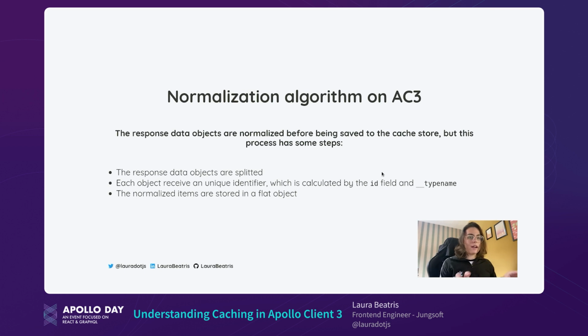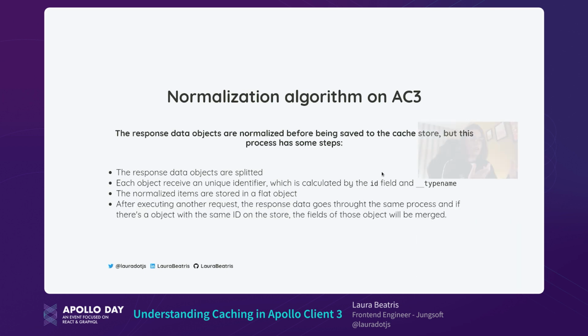The normalized items are stored in a flat object, and then when we execute other kinds of GraphQL operations such as a mutation in order to edit a specific item, the fields of those objects in the new data coming in the response will be identified as already stored on the cache by a unique identifier, and those fields will be merged and the cache will be updated.